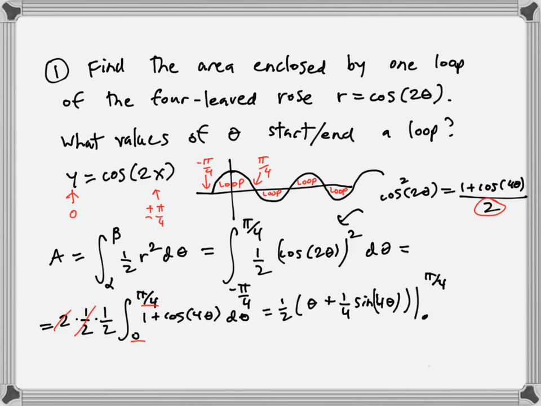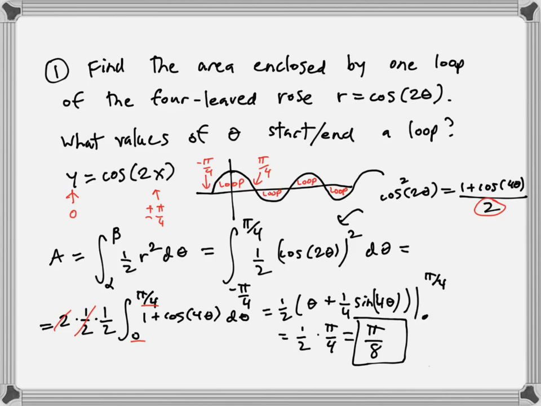If we plug in pi over 4, the second term is 0. So we literally just have 1/2 times pi over 4, which is equal to pi over 8. So there you go. We found that the area enclosed by one of the loops is actually pi over 8.